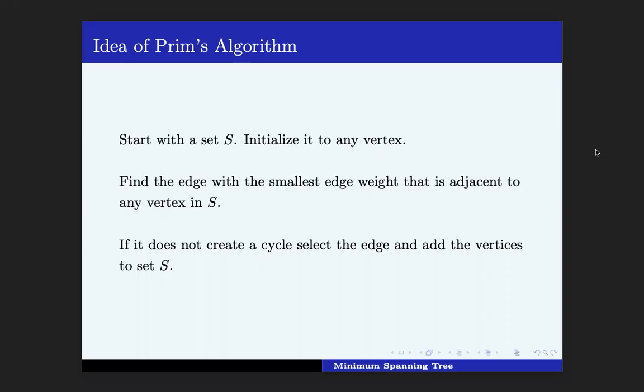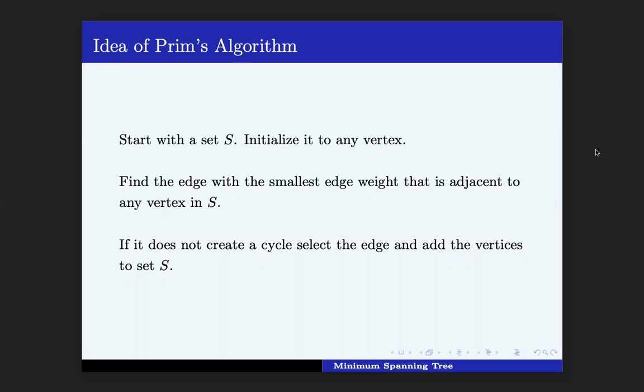So here we start from a vertex, and slowly grow the tree. At any point of time, we have a tree, a subtree of the graph, and we look at all the edges going out of that tree.